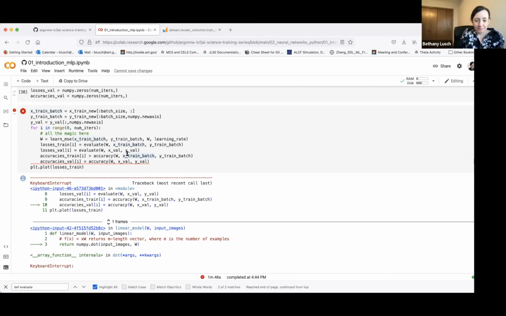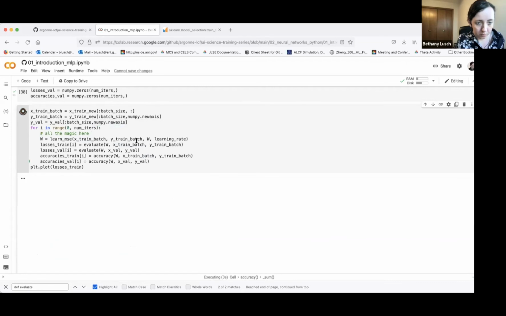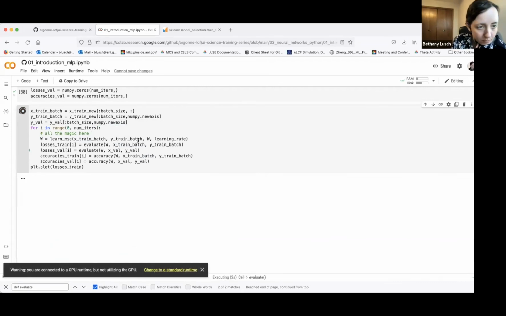Okay. Oh, Google Colab is giving us a warning that we're not really using the GPU, because we haven't done anything to tell it to use the GPU.